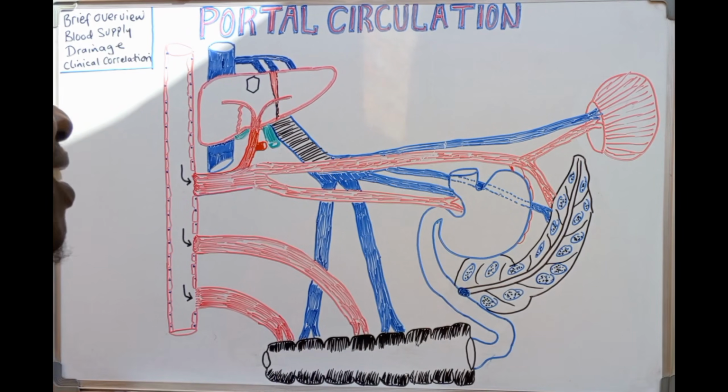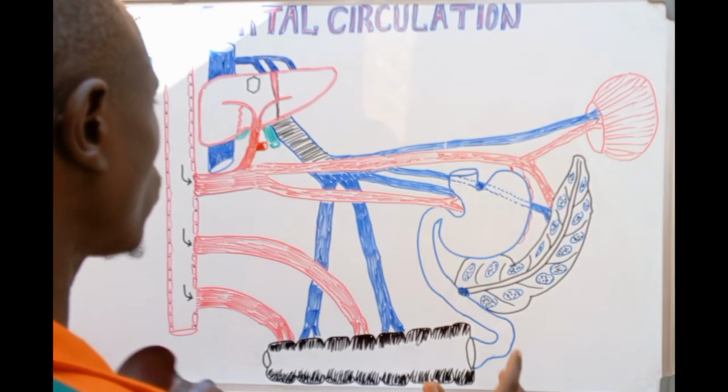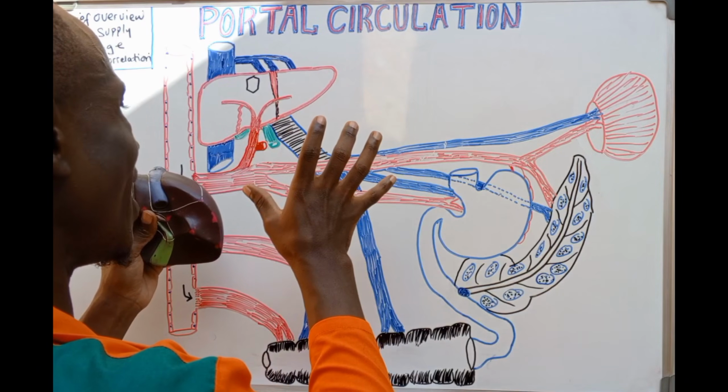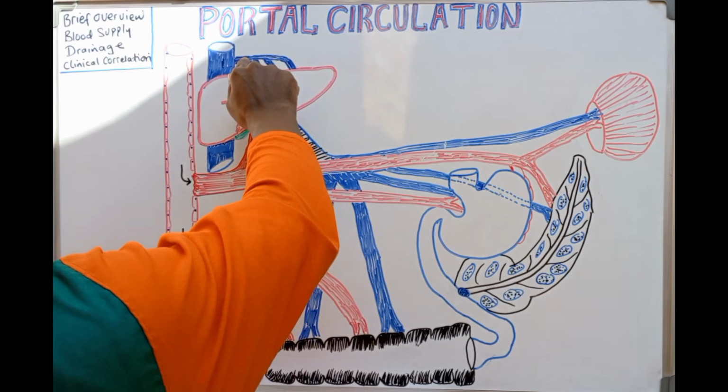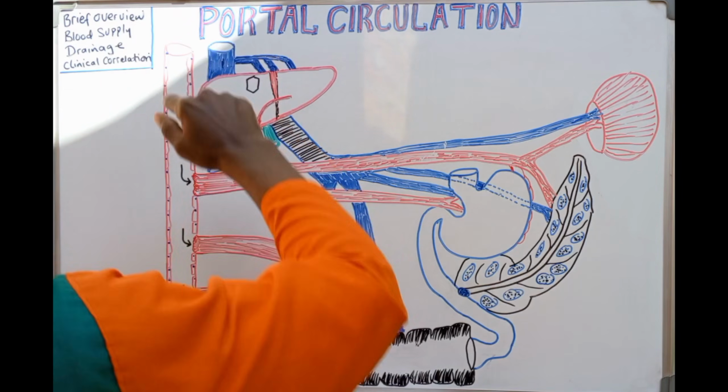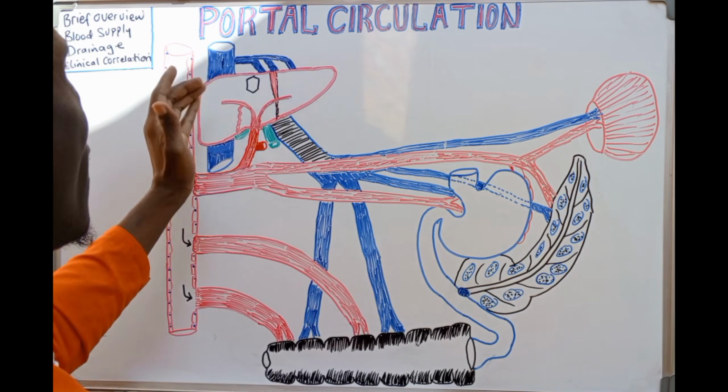As we said, the liver has a dual supply, so we are going to look at how the liver gets supplied with blood and how it is finally drained into the hepatic vein before it is dropped into the inferior vena cava as it is taken into the right atrium.